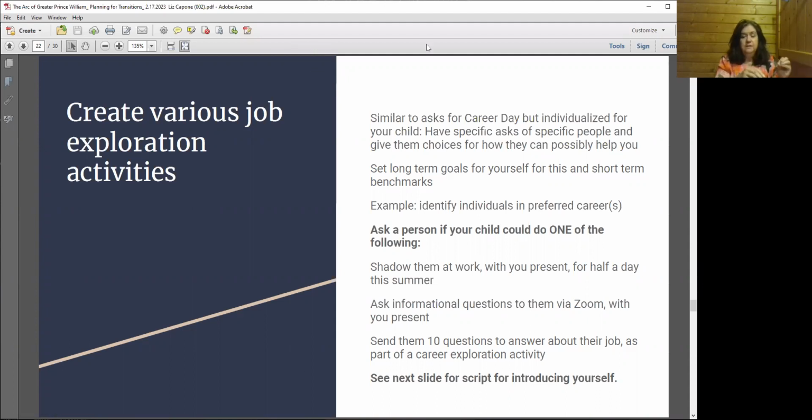And again, telling them the parameters, they said, well, here's when you can't come in because we have people who pay us and they're recording. Here's when you can. Not only did I get to go and bring a group, years later, I got to bring a much larger group from a middle school I was at. So not in residential. So those connections are really, really valuable for job exploration. Next slide.